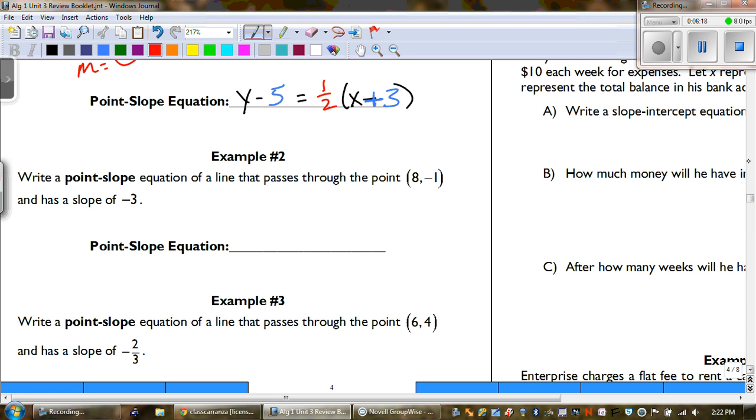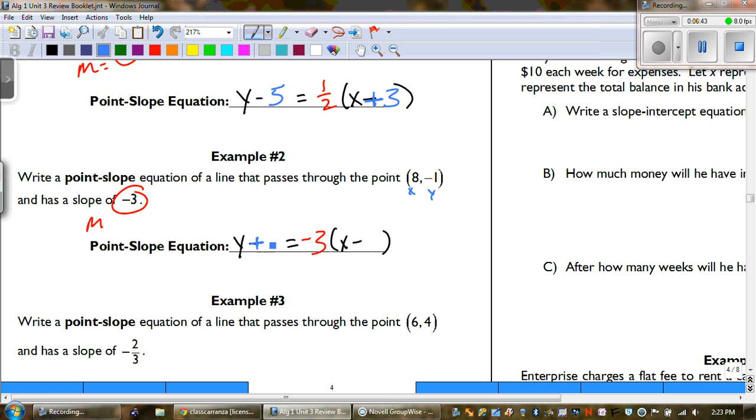Okay, let's do another example together. Let's write a point slope of a line that passes through the point 8, -1. So there's our x and there's our y. And that's a slope of -3. So our slope of -3 goes where the slope goes.